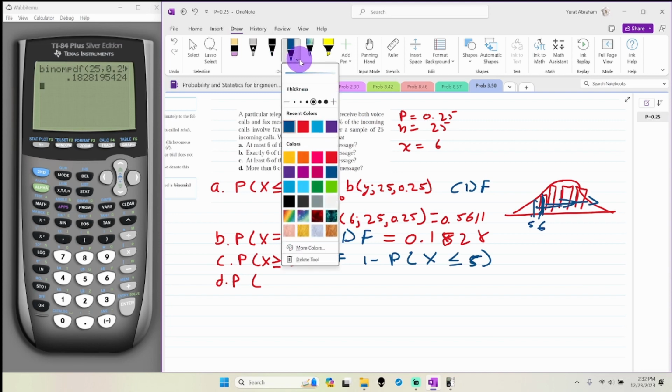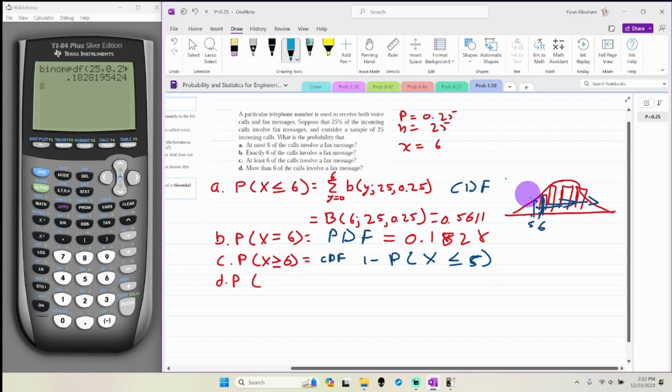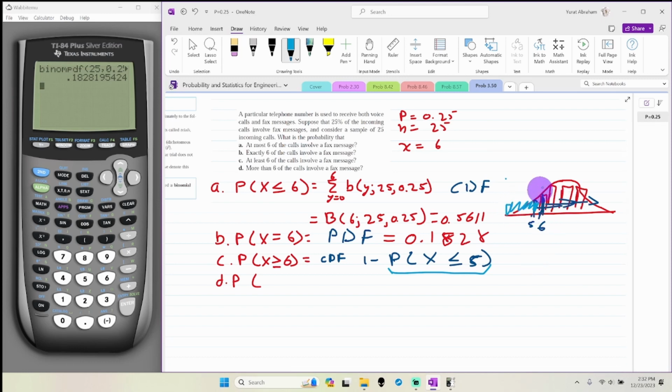So the calculator is going to end up giving us the number. This part right here is going to give us up to here. But we want the other side. And remember, the whole thing equals 100% probability. We will just want that little part, and then we're going to do a 1 minus to give us the other side. Let me show you in the calculator, so you will see.